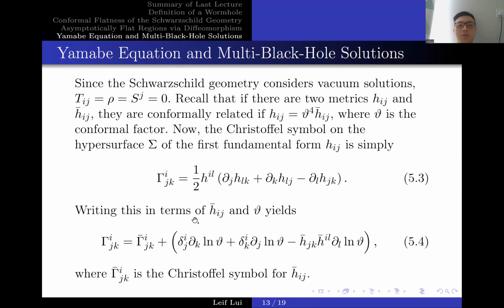So we can write this in terms of h bar ij and theta, which yields this. We can see here that we have a bar Gamma, so we have a Christoffel symbol bar. This Christoffel symbol bar is basically the same Christoffel symbol, but we just replace h with h bar.